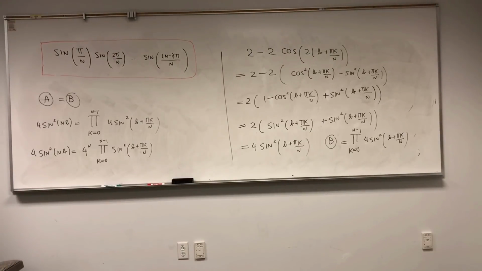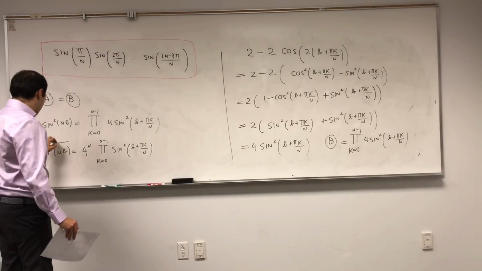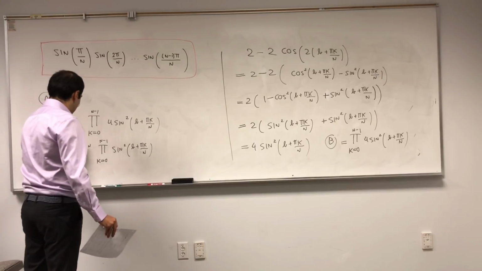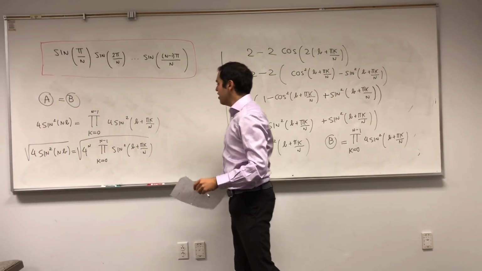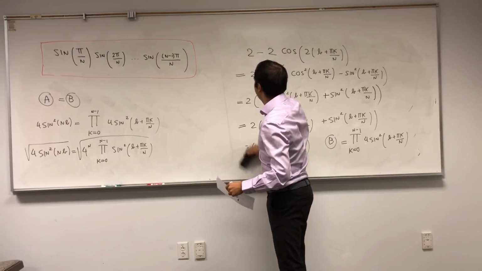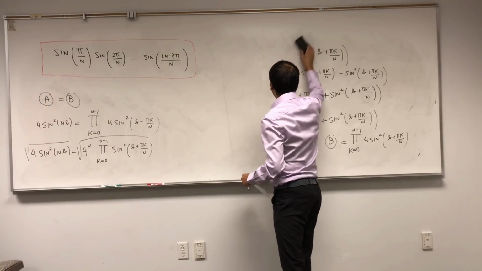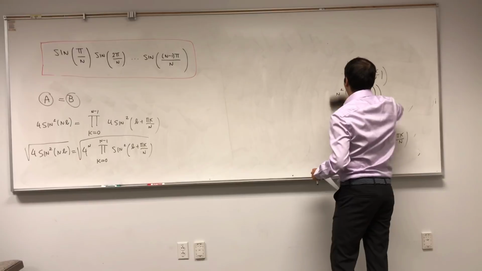Okay, and now let's take square roots. Remember, there are no absolute values because, again, b is close to 0, so everything is between 0 and pi.